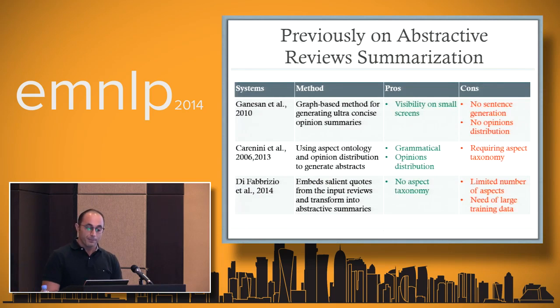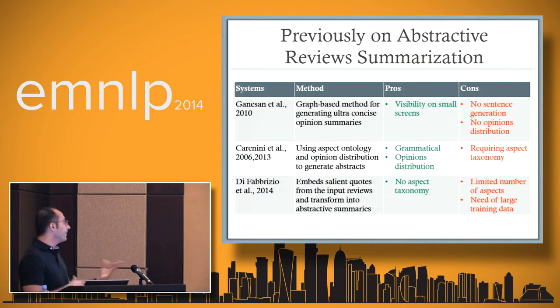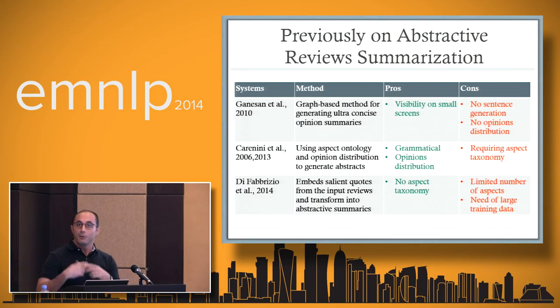Previously, there were a few works that tried to approach abstractive summarization of reviews. The first approach is a graph-based method that tries to generate ultra-concise, phrase-based opinion summaries. It was very good for small screens, but at the same time there is no sentence generation, so the abstract is not really generated, and you cannot see any opinion distributions.